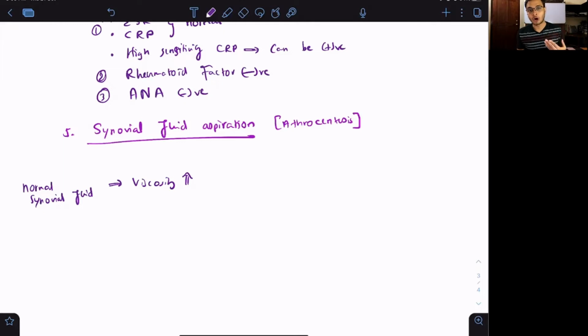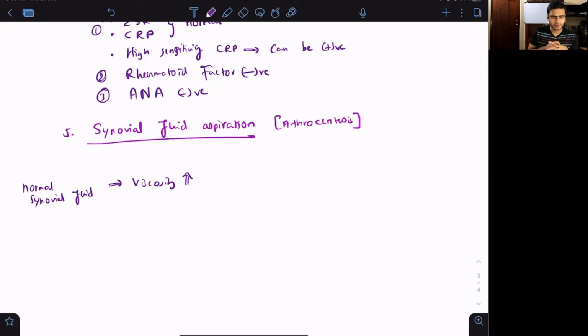So although the type B synoviocyte hyaluronic acid production is reduced, at the same time there is inflammatory infiltrate. Therefore, the viscosity does not reduce with synovial fluid aspiration.